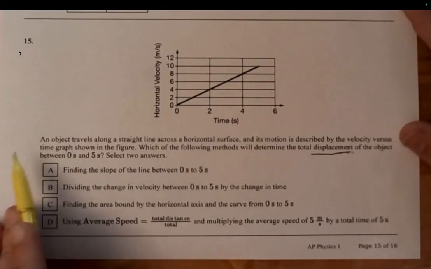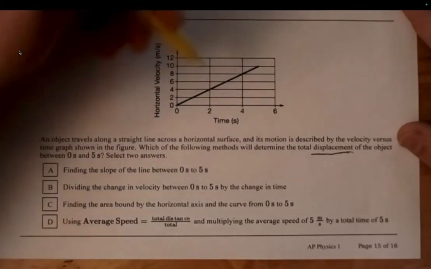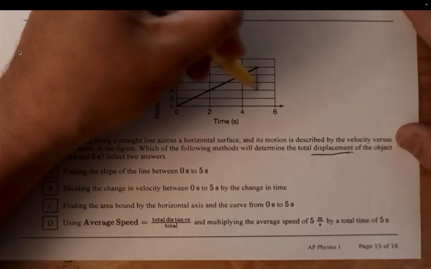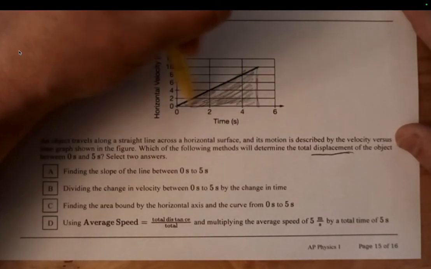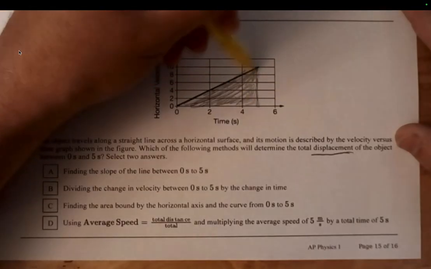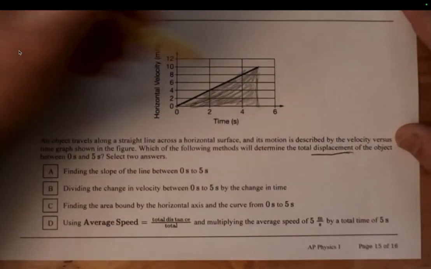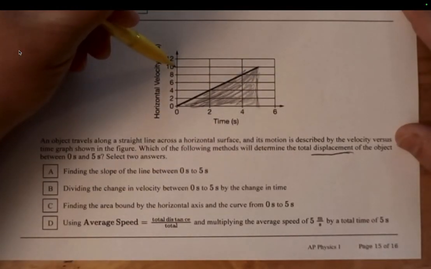So I do know already that with a velocity versus time graph, I can get the area. Looks like it goes out to 5 seconds, to 10 meters per second.